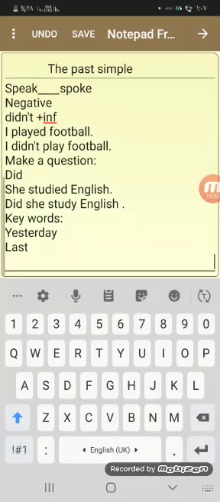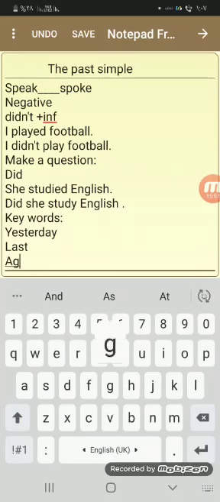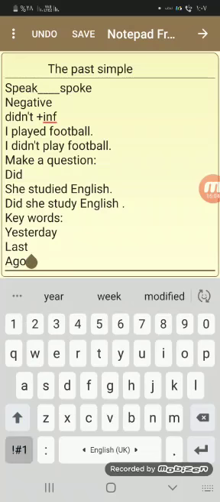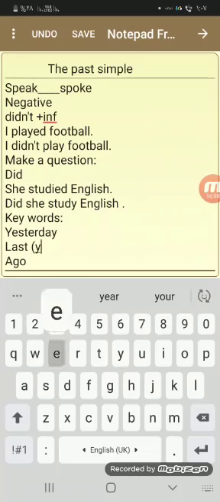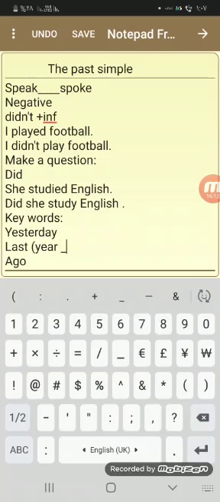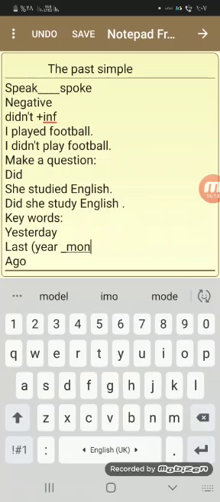For example, last year, last month, or last week.